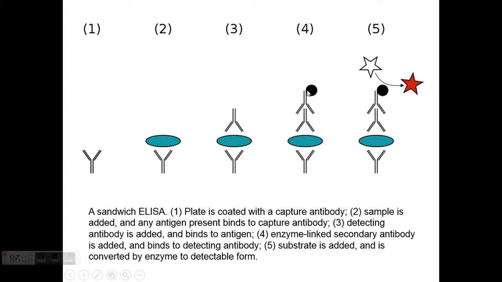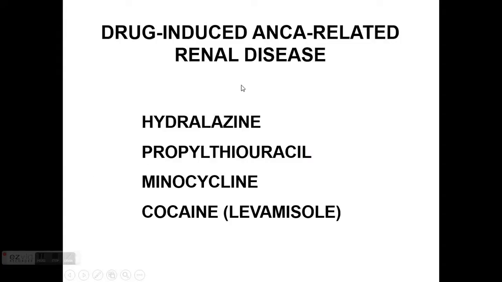Once you add a secondary antibody, you can then detect that antibody if it has a detection device attached to it, and basically then you can read that out as positive or negative, and you can even give it a number as a titer. That is how ELISA works. So once you actually have positive P-ANCA or C-ANCA by immunofluorescence, then you will confirm the test with ELISA.